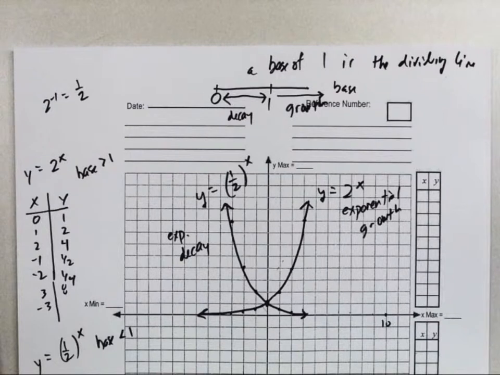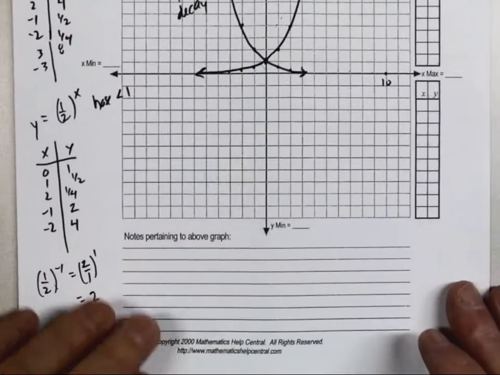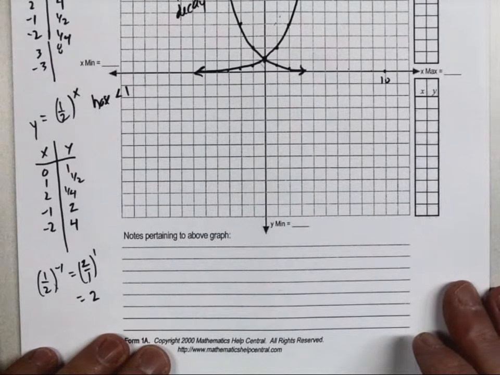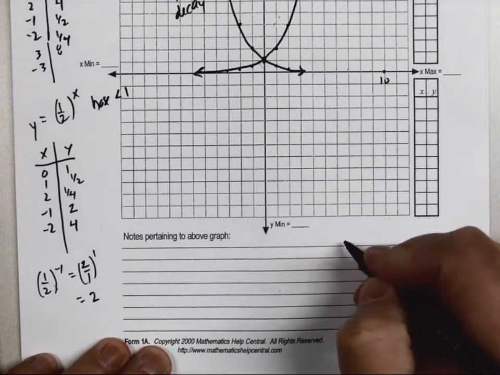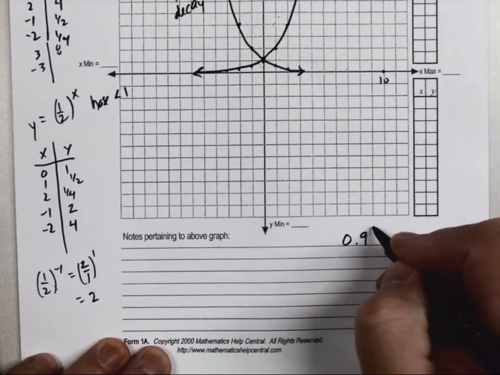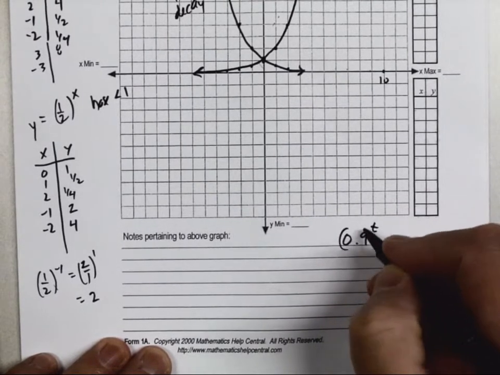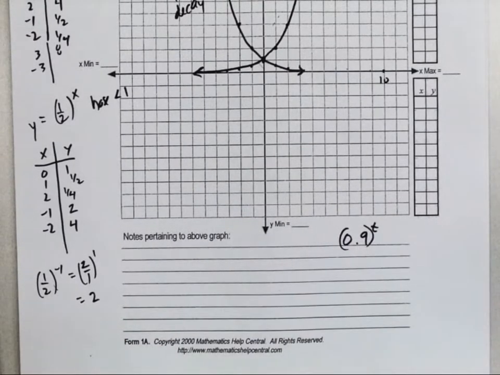So we're going to have problems later on. We're going to have story problems where, if I look at my notes, let me just throw this up there to prove to you. This is going to be a problem where we look at elk out in nature. And there's an equation where we have 0.9 raised to the t power. T is time.